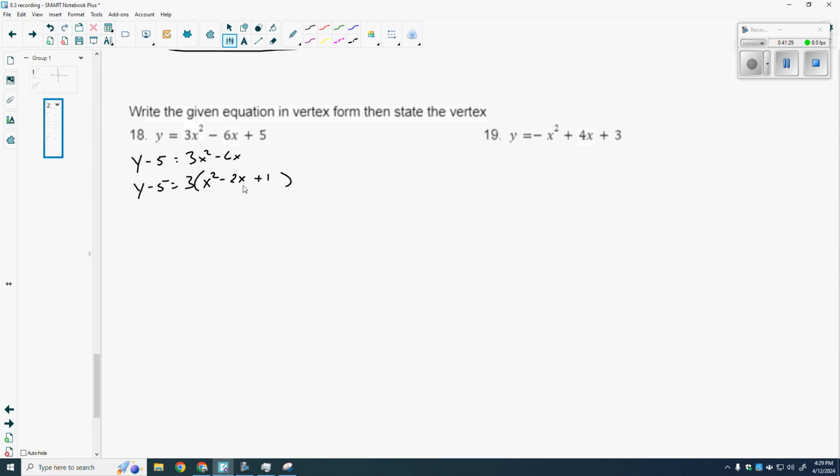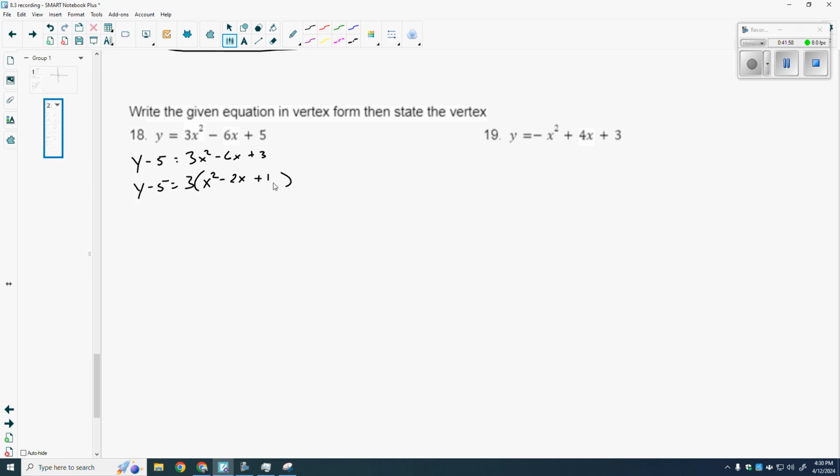Now, here's the tricky part. This 1 is inside of a parentheses with a 3 out in front. This 3 will distribute to all 3 terms. When I multiply 3x times x squared, I get 3x squared. When I multiply 3x times a negative 2x, I get negative 6x. All good so far. 3 times 1, though, gives me a plus 3 right here.